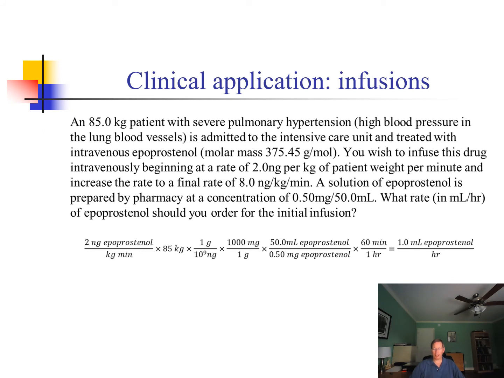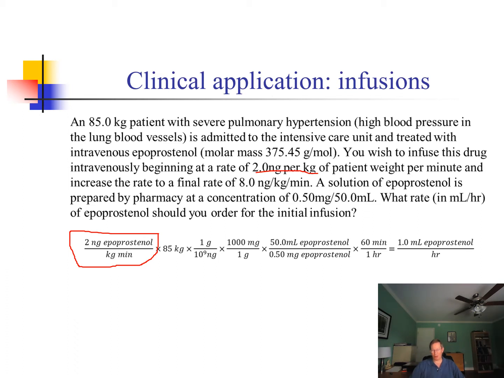The first thing is that I'm starting with an initial rate, the 2 nanograms per kilogram. Many times, medications are dosed per mass of body weight, and that's what this 85 kilograms is for.